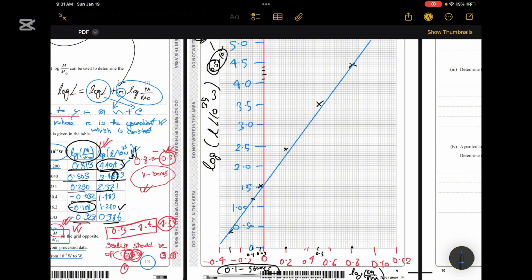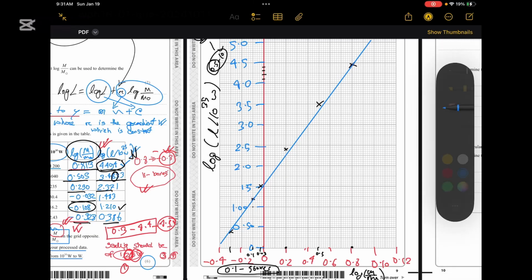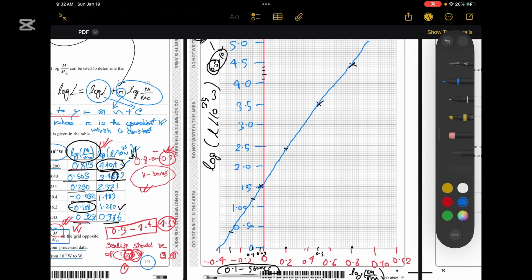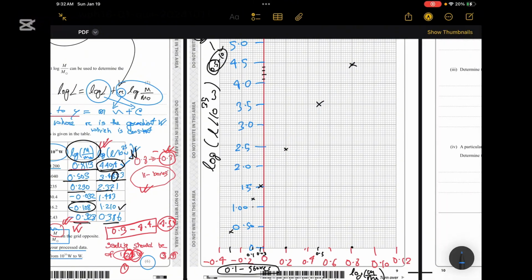Let me draw it again. Actually, just give me 1 minute to draw the box in the right way. Yes, so we are basically done with drawing the box.